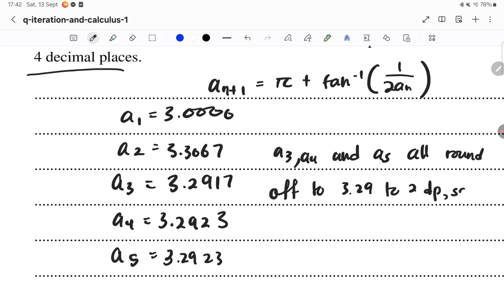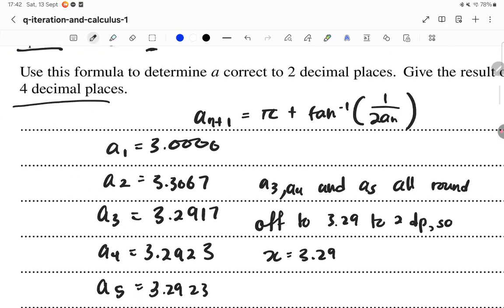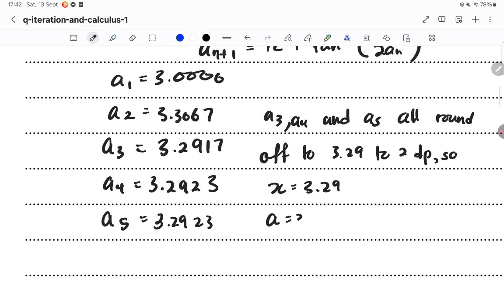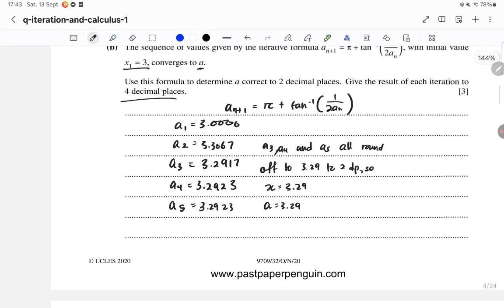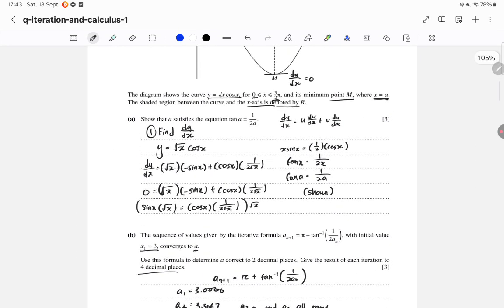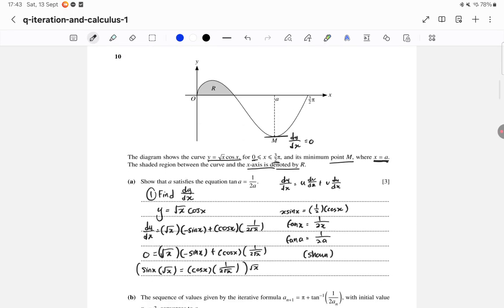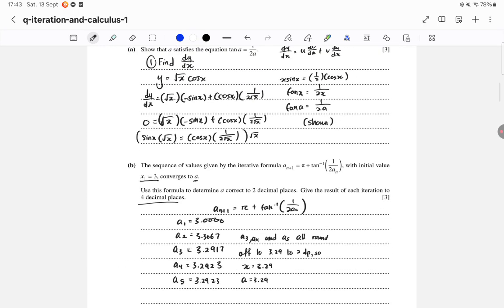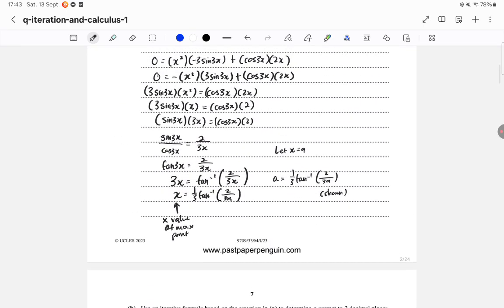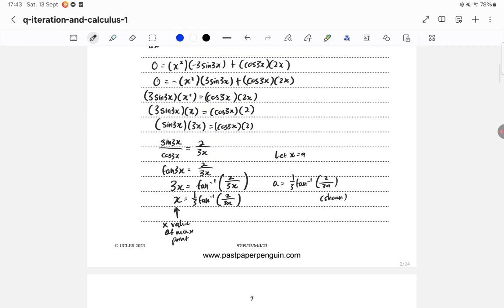So x will equal 3.29, or you know what is best? I think it's best to say that a is equal to 3.29. Okay, so that's what iteration is. That mainly they give you, to prove a dy/dx or something, and then it's just straight up iteration where you just repeat the calculation several times where it converges to a specific value.